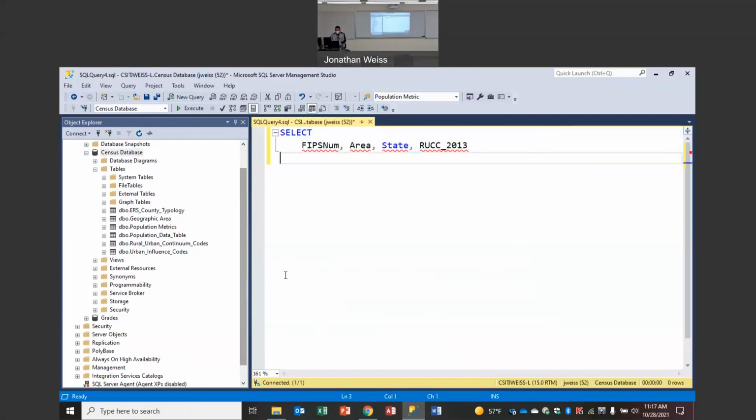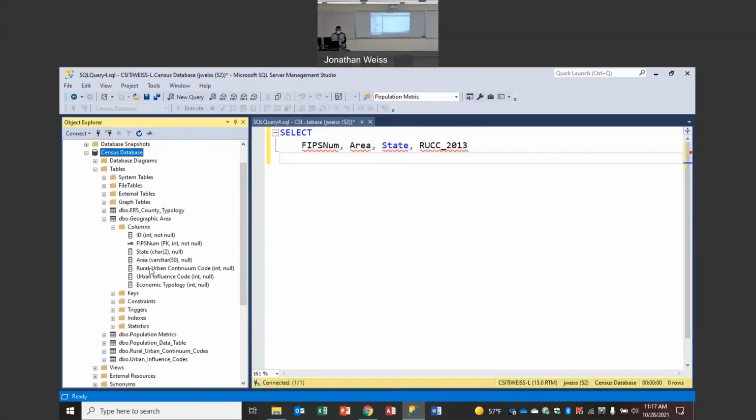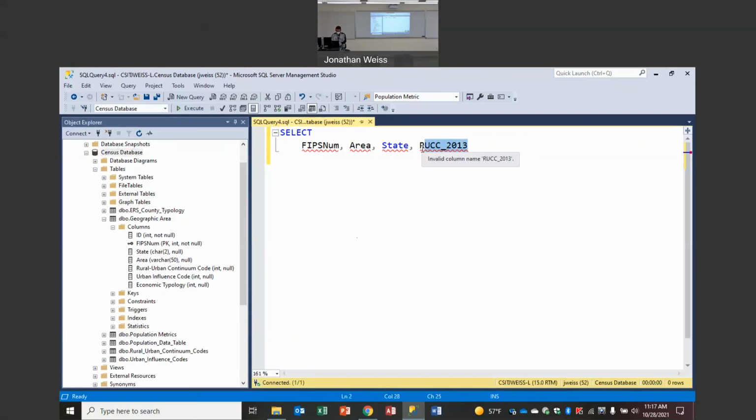If you look at this, you would say, well, I've got FIPS number, area, state, and rural-urban continuum code. All of those are fields in geographic area. So the easiest thing to say would be, this is the wrong name here.